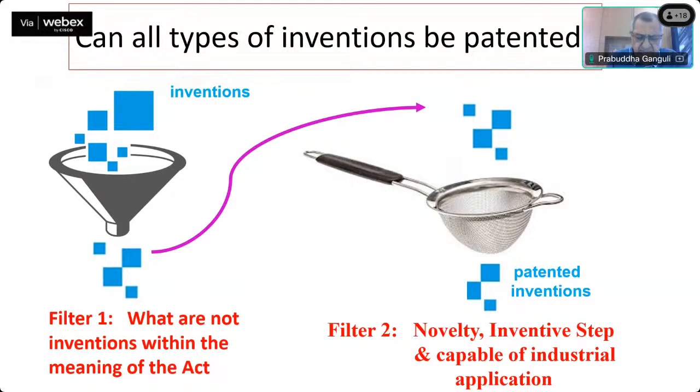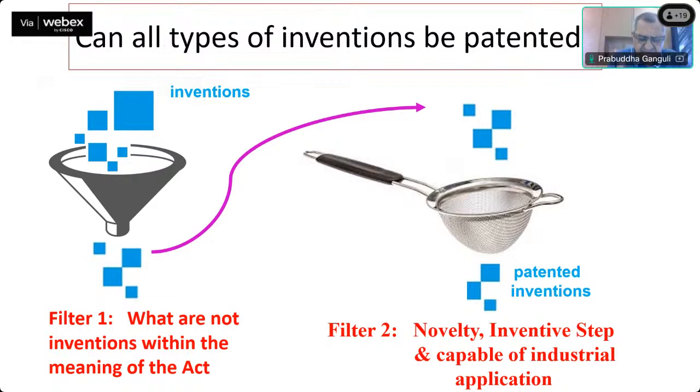Obviously every invention will be subjected to a certain examination process. In this examination process, we said yesterday that there are two filters that our inventions have to go through, and only if it passes through these two filters will I get a patent. If it does not pass through these two filters, then I will not get a patent.